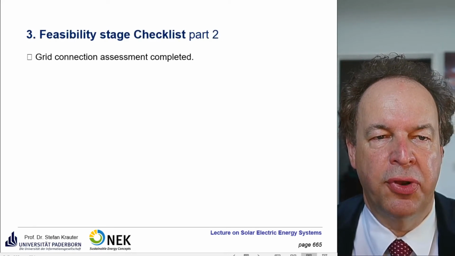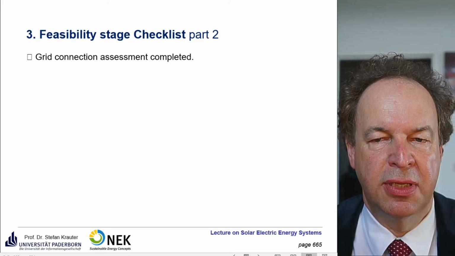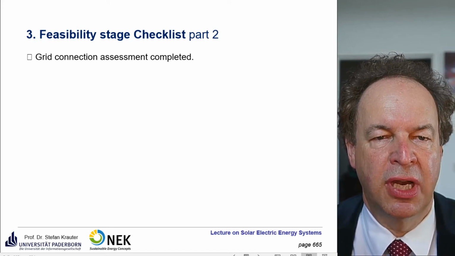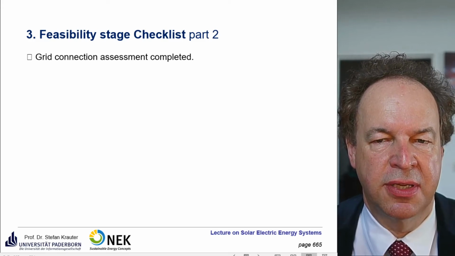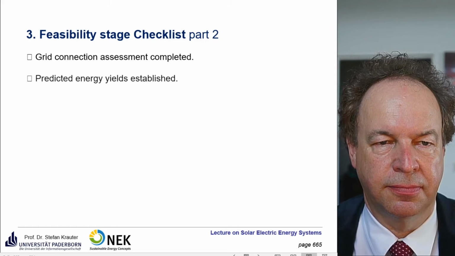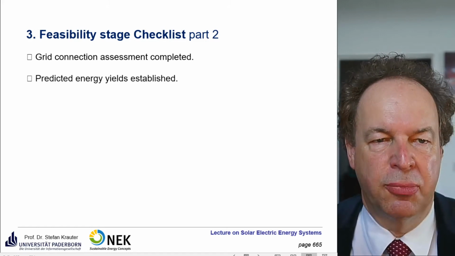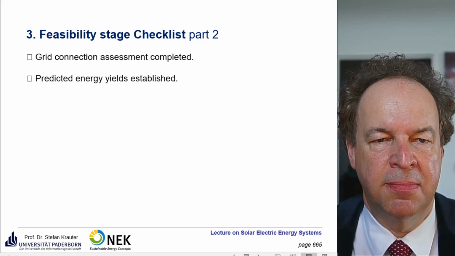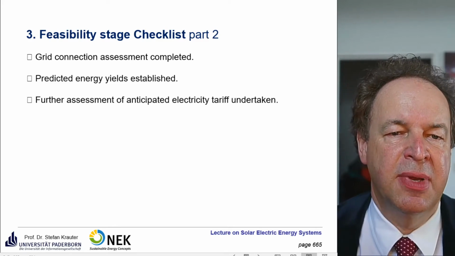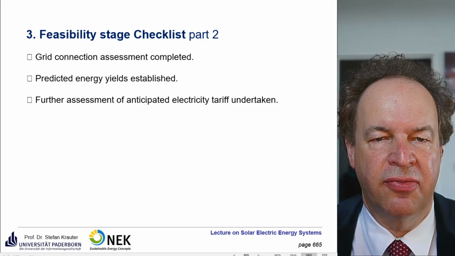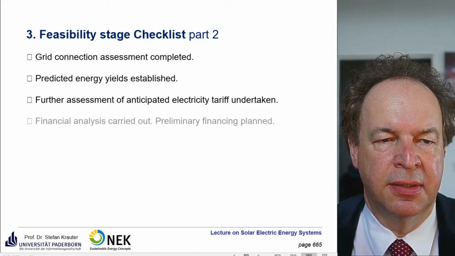Then very important is the grid connection assessment completed. If you cannot put your electricity on the grid, the whole project is in question. The predicted energy yields are established, and the further assessment of the anticipated electricity tariff is undertaken.